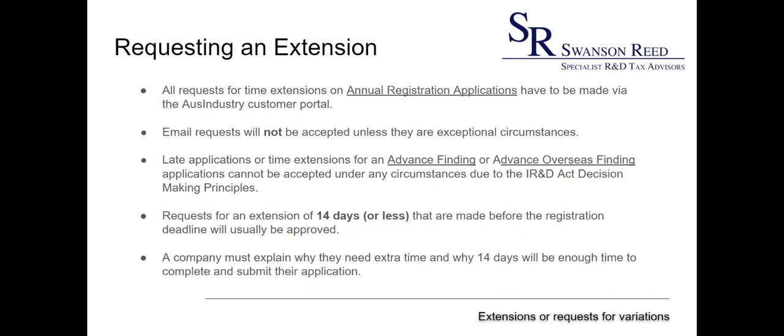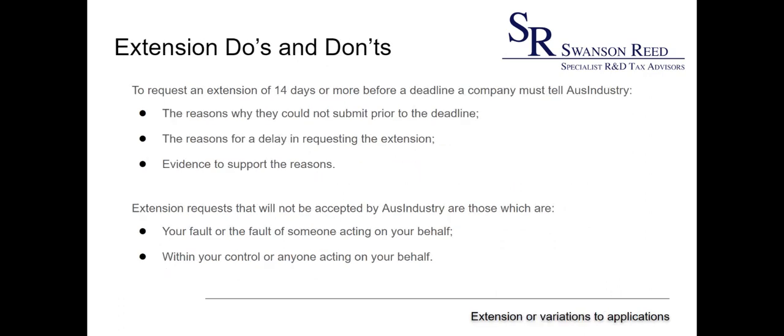Requests for an extension of 14 days or less that are made before the registration deadline will usually be approved. However, when submitting, a company must explain why they need extra time and why 14 days will be enough to complete and submit their application.